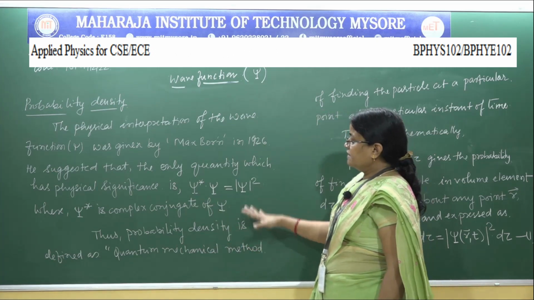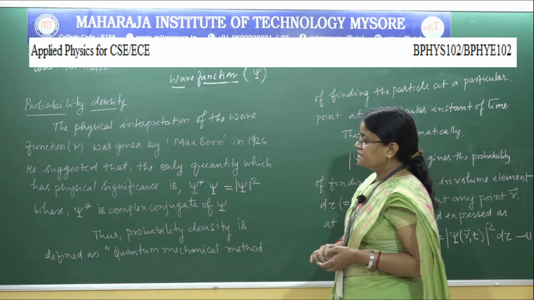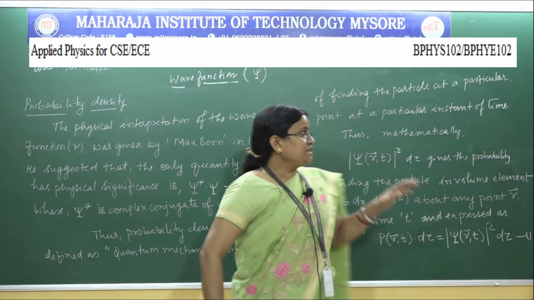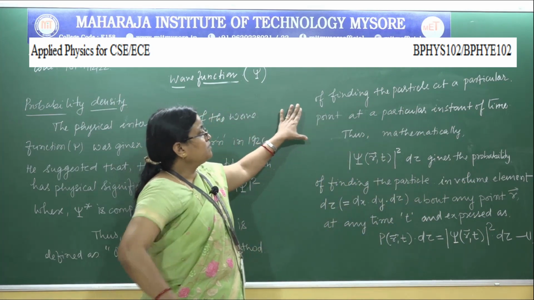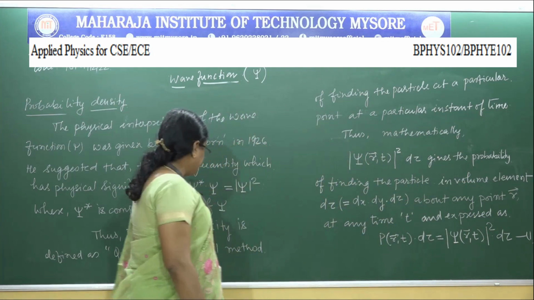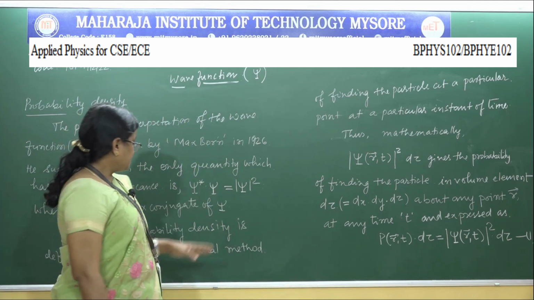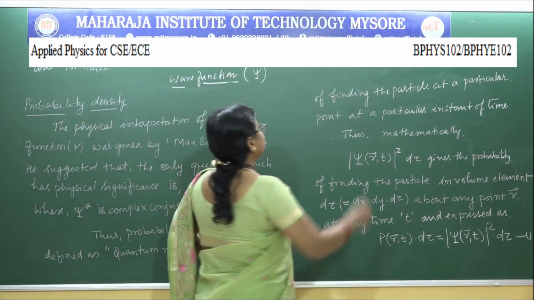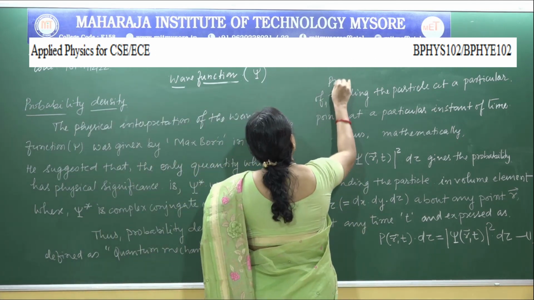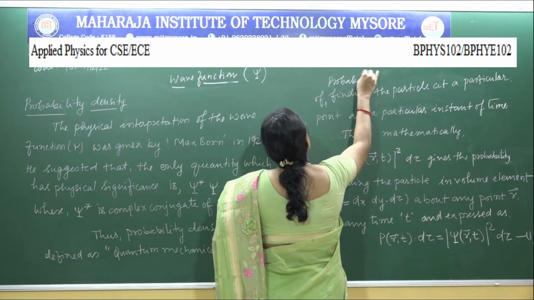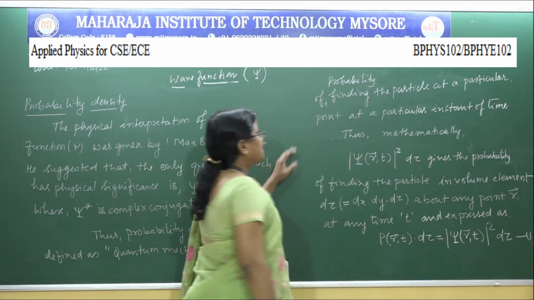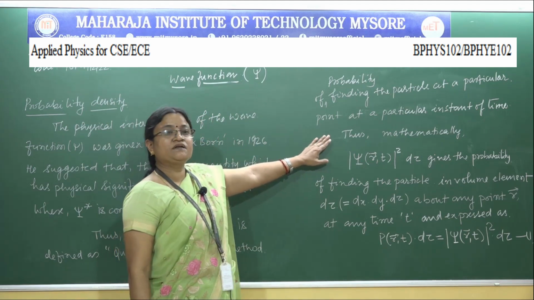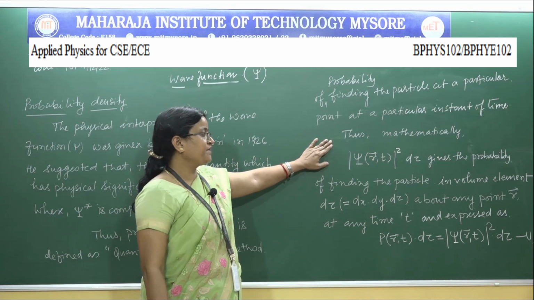Thus, how do we define the probability density? It is a quantum mechanical method which gives the probability of finding the particle at a particular point at a particular instant of time t.